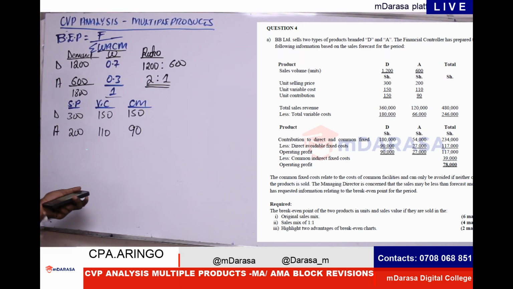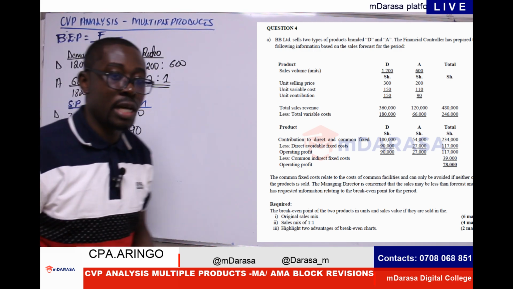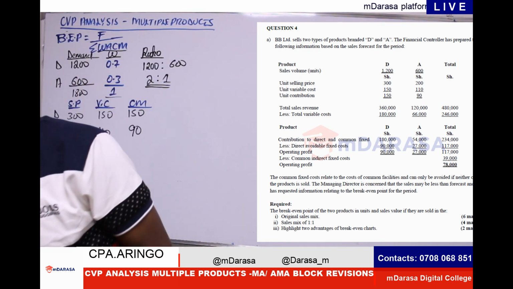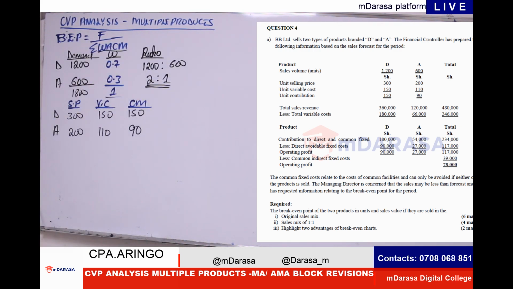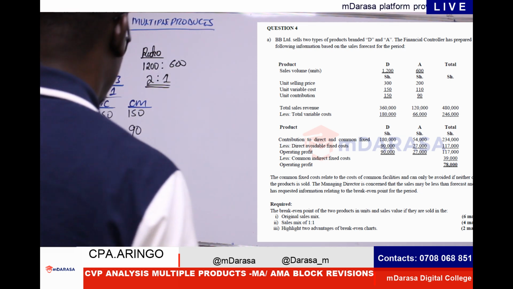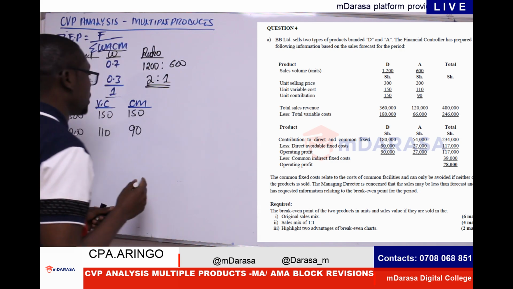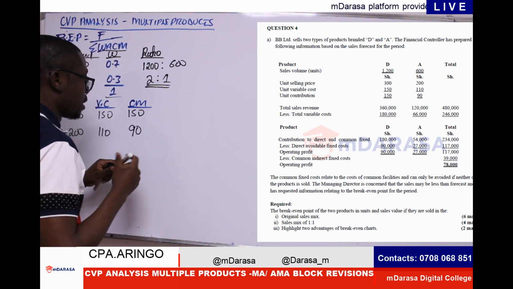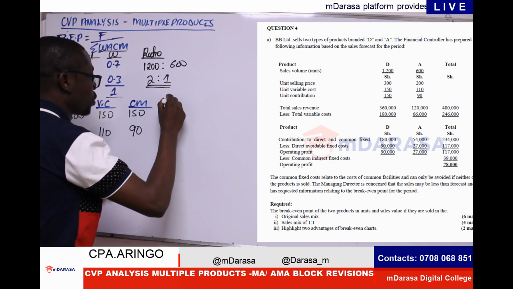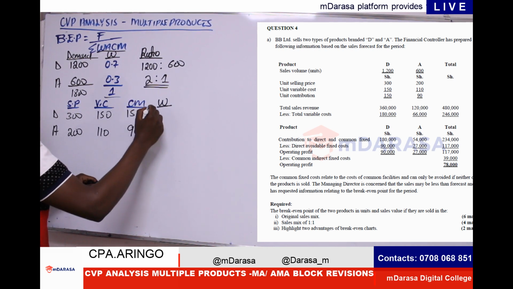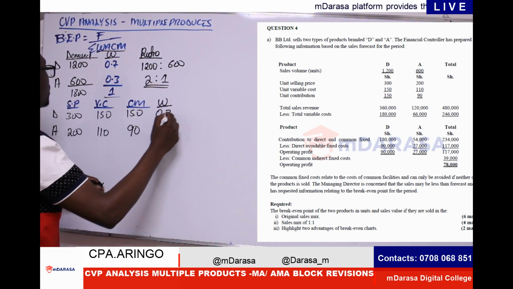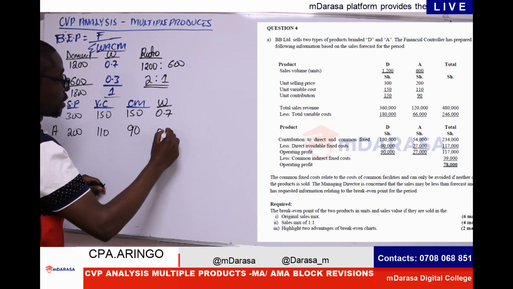We were given directly. We could have taken the values directly, and no one will ask Mwalimu why. So having that, we need now to determine our weights. We have already determined our weights: weight for D, 0.7; weight for A, 0.3.